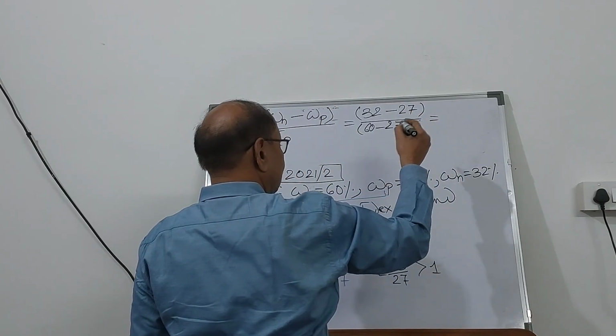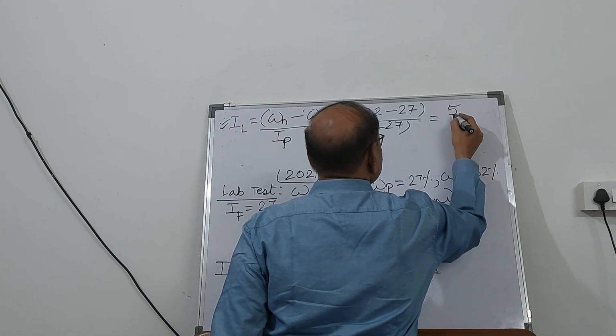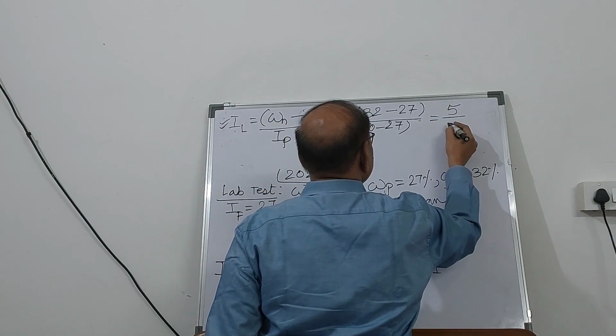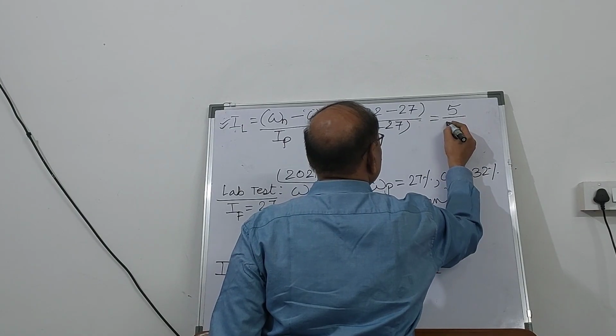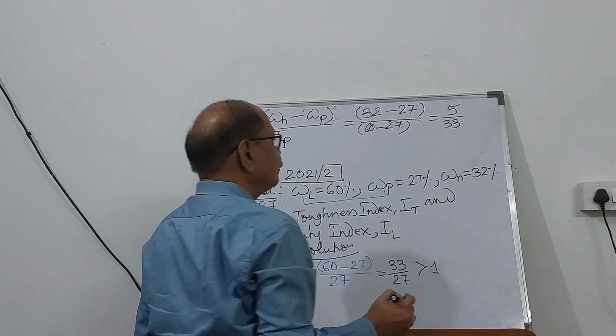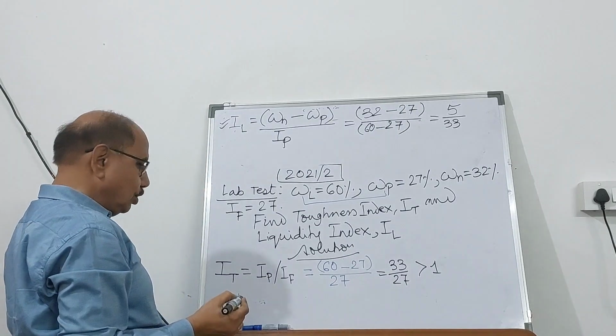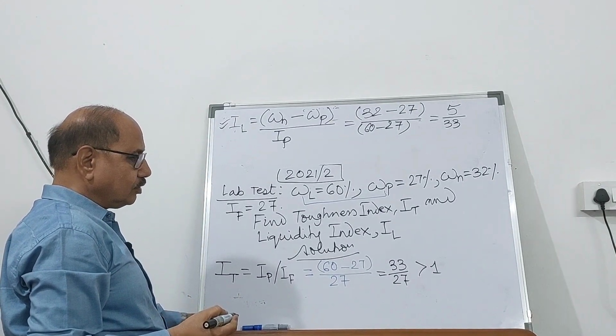So, whatever is the given data, that suggests that it is 5 divided by 33. So liquidity index also you can find out.